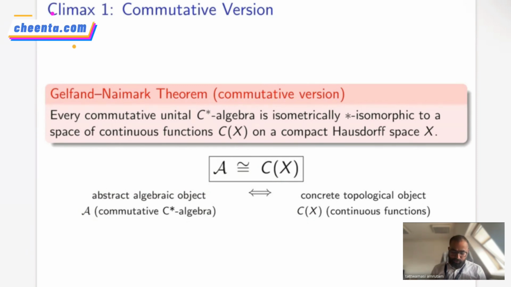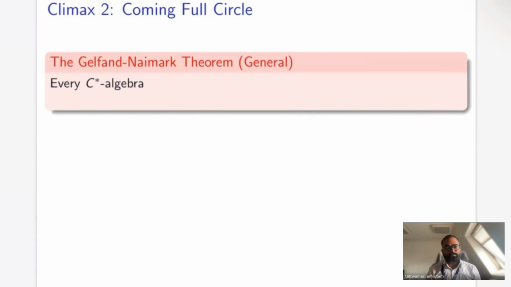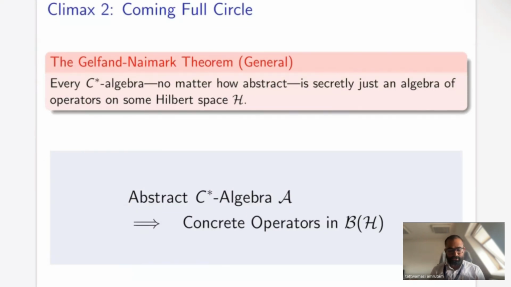And the final one, the GNS theorem, the Gelfand-Naimark theorem version 2, says the following: every C-star algebra, no matter how abstract, can be realized as some infinite dimensional matrices on some Hilbert space H. This is the final theorem that we shall prove in our course towards the very end. So abstractly, we know where to find C-star algebras. We can just look at some operators on some infinite dimensional Hilbert space, and this should give us C-star algebras, however abstract. This is the key point in C-star algebra theory.